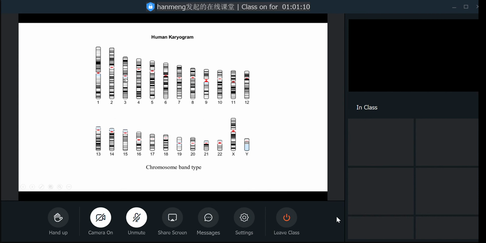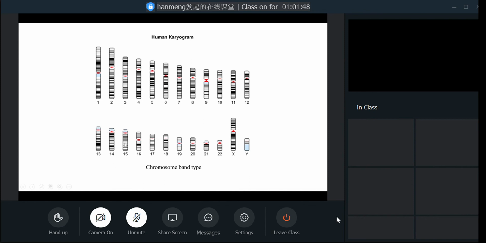Then we can see some abnormalities or their grouping with the fine structure of the chromosome.